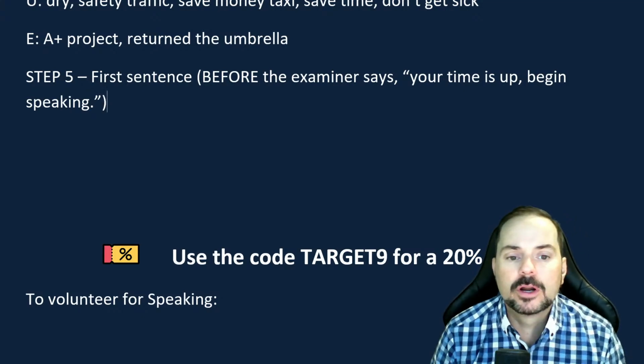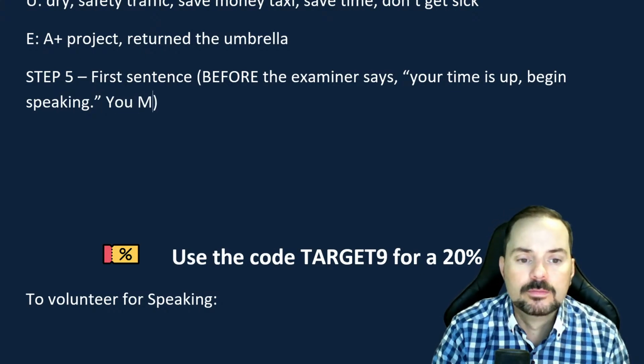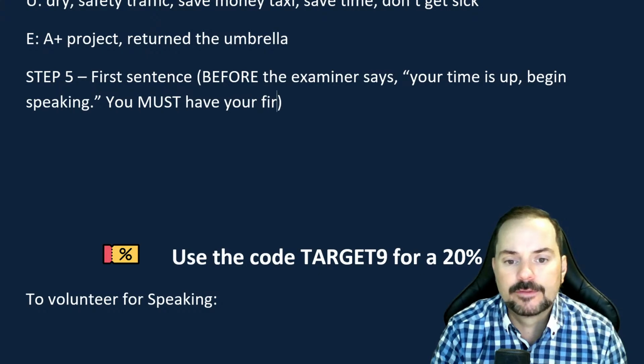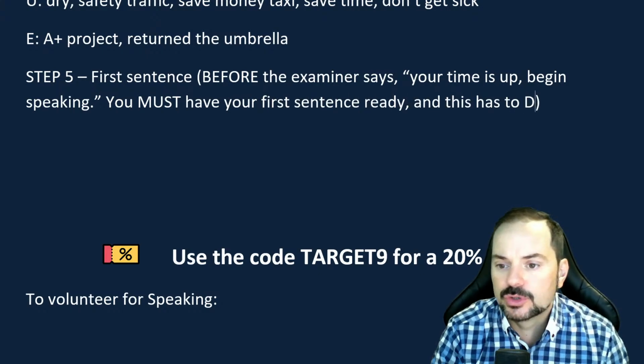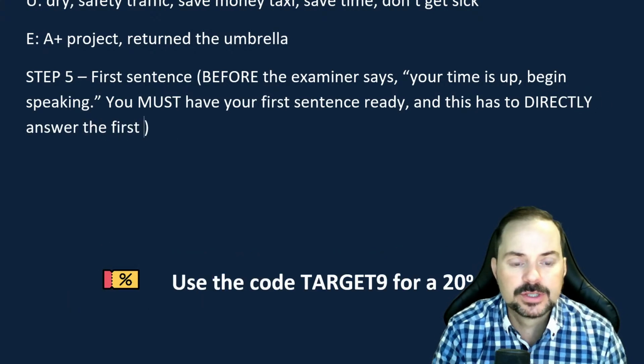So before the examiner says your time is up, begin speaking, you must have your first sentence ready, and this has to directly answer the first topic of the cue card.